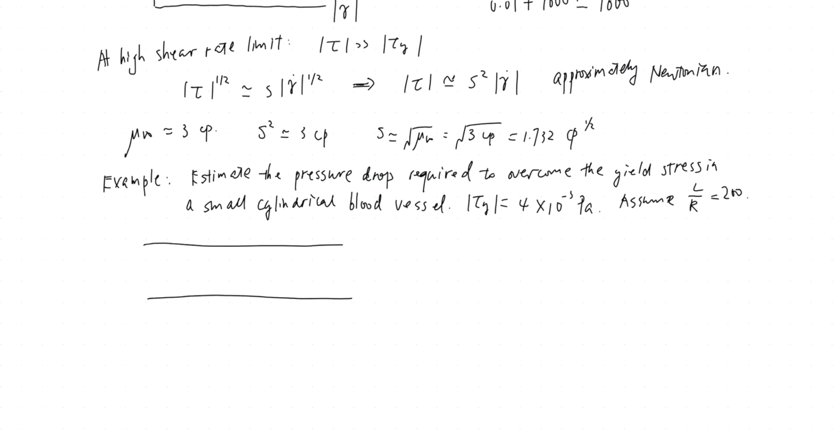From our analysis of force balance, we know that tau RZ is R divided by 2 dp dz, which is equal to minus R delta P over 2L. So it's linear in R. At the center line, where R equals 0, there's no tau RZ, but it linearly increases along the radial direction. So this is our profile.